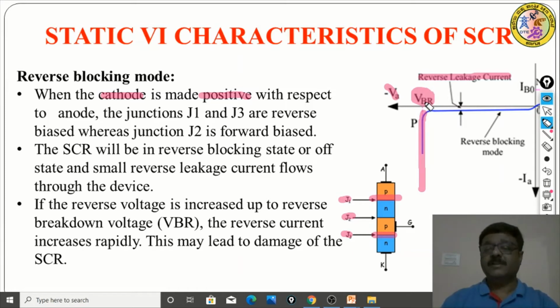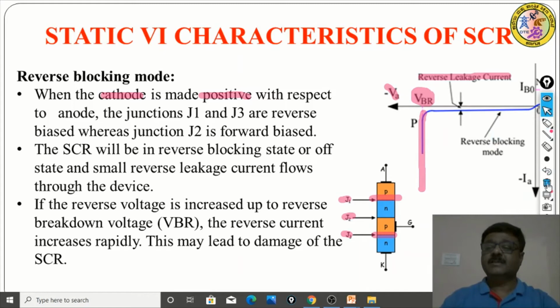We have to operate the SCR in reverse blocking mode below VBR. Then only it is safe for the SCR. Otherwise, junctions J1 and J3 will break permanently, the SCR will get damaged, and it starts conducting a heavy current in the reverse direction. So this is about reverse blocking mode.